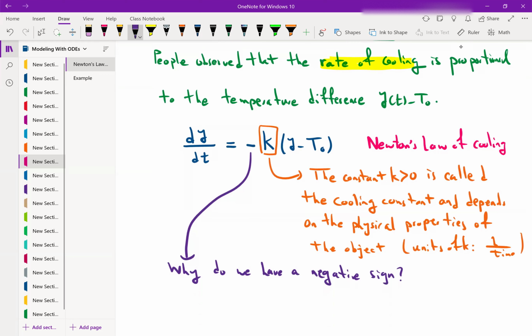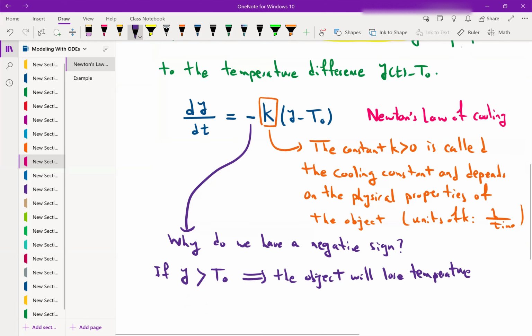So, my friends, I want you to notice that when the temperature of the object is greater than the temperature of the room, if y of t is greater than T naught, what does that imply? If the temperature of the object is greater than the temperature of the room, we expect the object to lose temperature, to become cooler as time passes by.